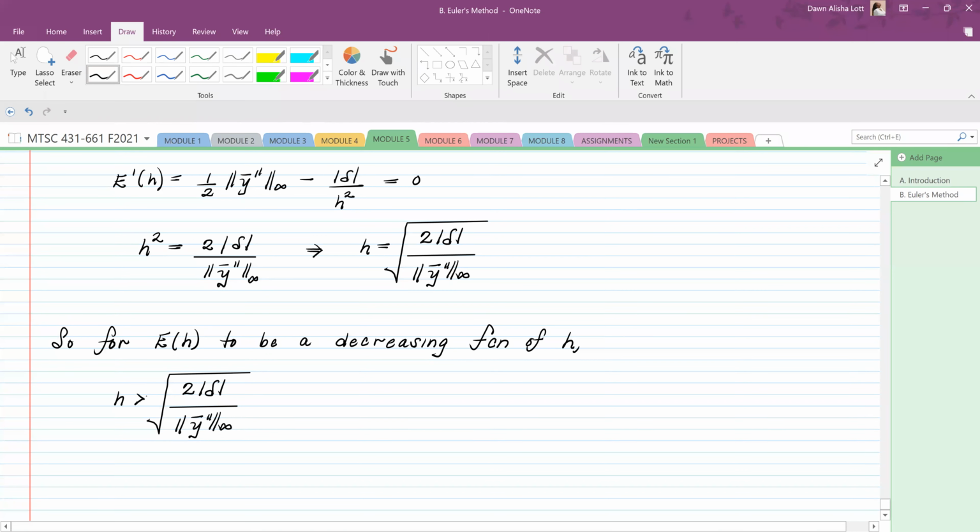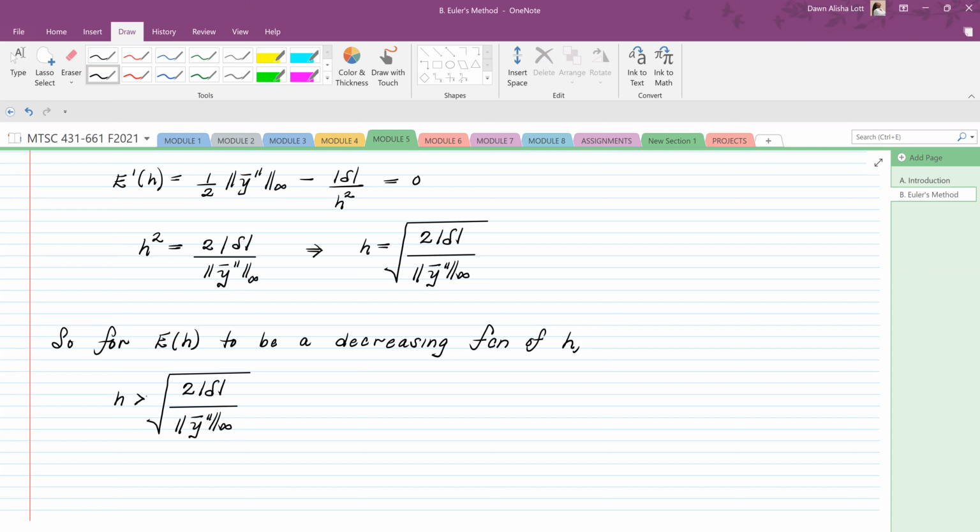So if h is actually smaller than that, then we tend to increase the error and get a problem with round off error. Okay. And our hope would be that the absolute value of all the deltas is less than that one particular delta.